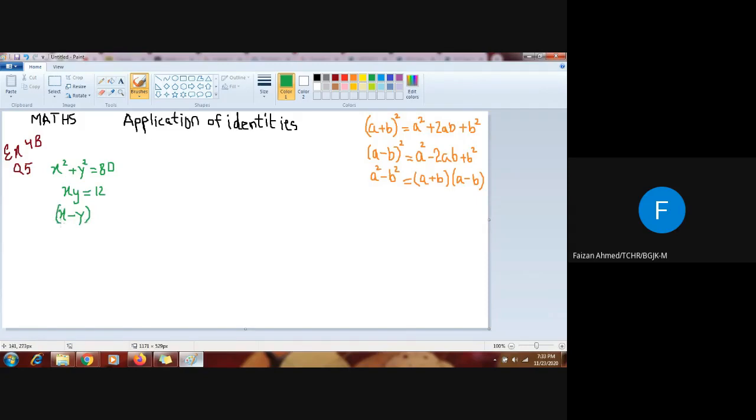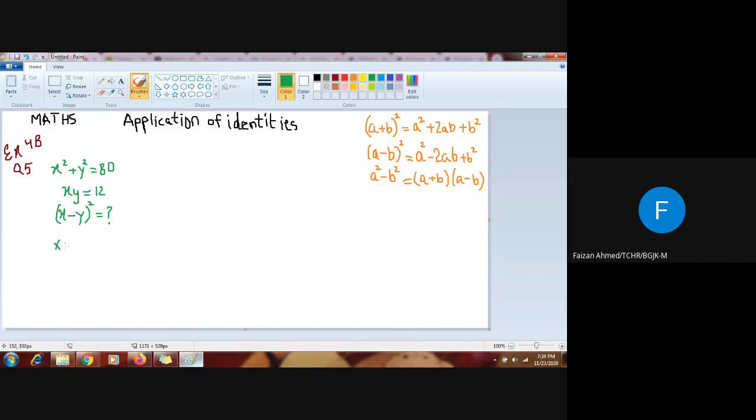So we can clearly see that this form is basically an identity form. We have a whole square and we have two terms inside the bracket separated with a negative sign. So this is basically our second identity. So I will use this second identity to write the complete formula, and then I will see what I can do.